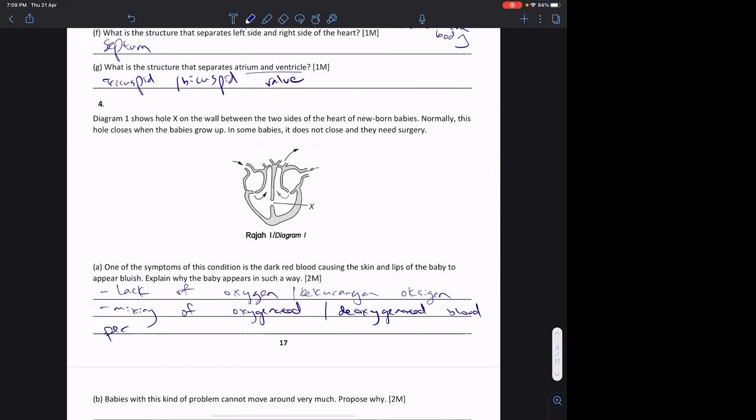Percampuran darah beroksigen dan darah terdeoksigen. This is beroksigen, this is terdeoksigen. I'm not going to translate the whole thing, guys. It will be too much trouble for me, so I will only be translating some of the keywords for you.